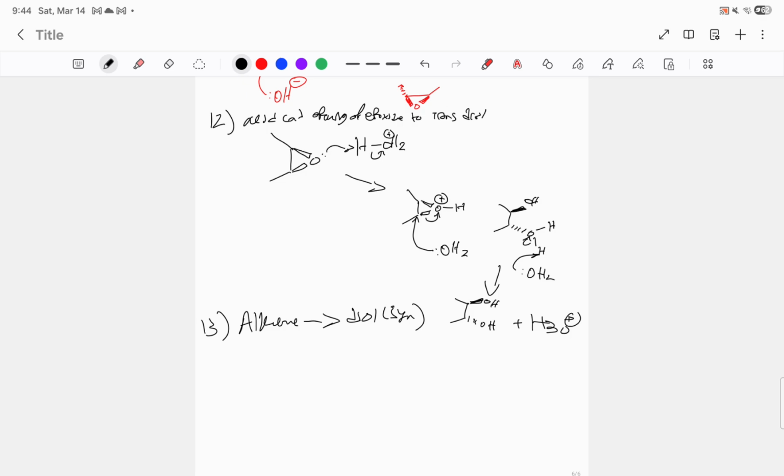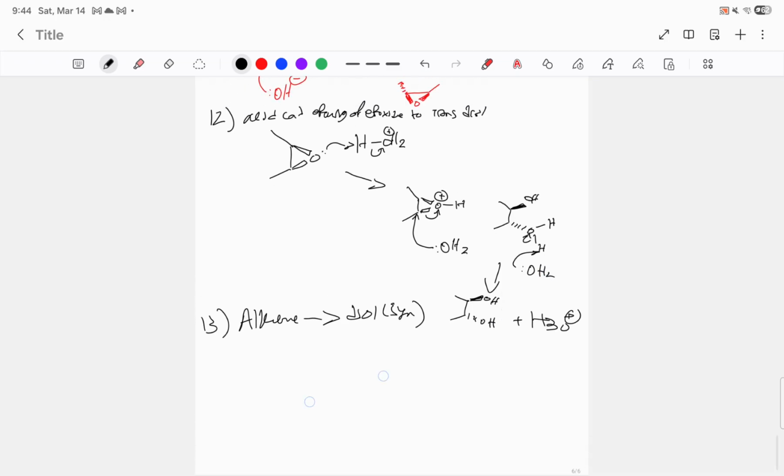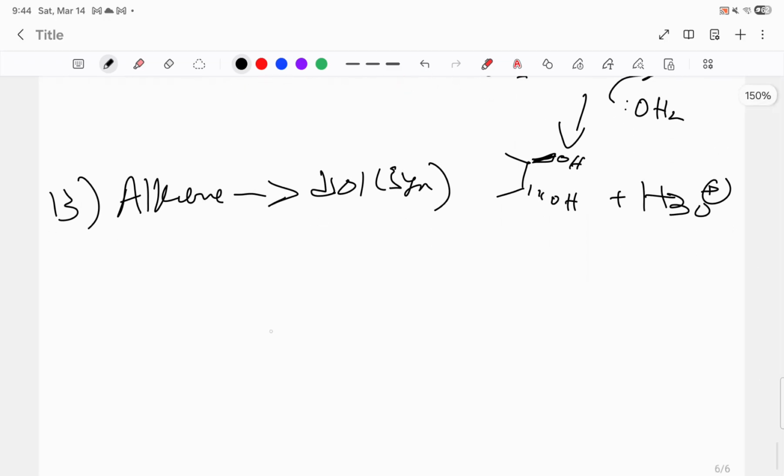So what does that look like? Well, if I have something like this with 2 methyls on the sides, I will use osmium tetroxide, which is this compound right here, in pyridine, which is a weak base.